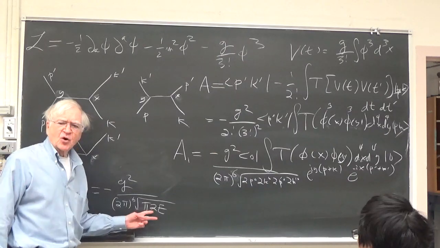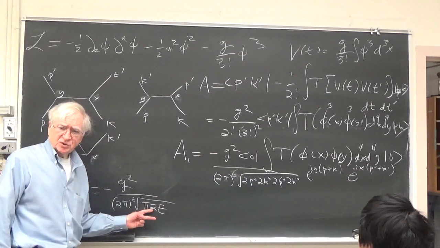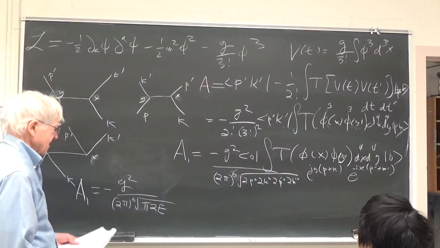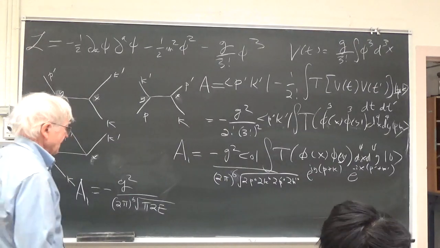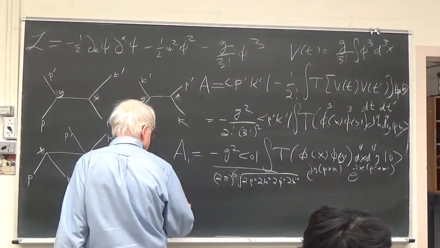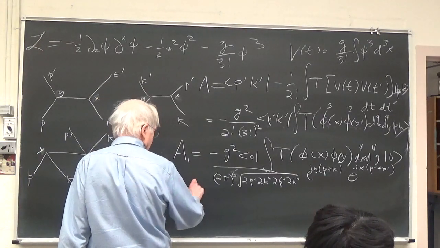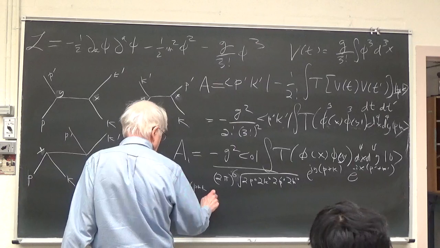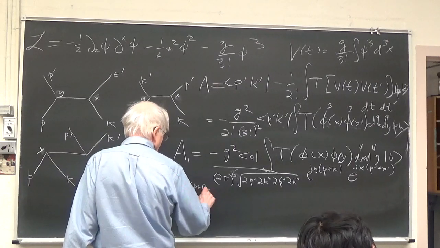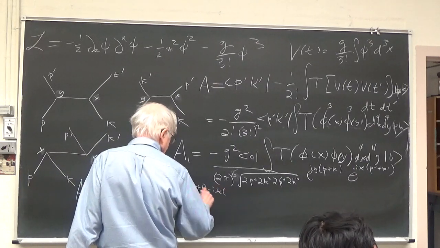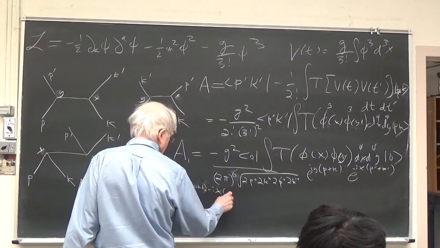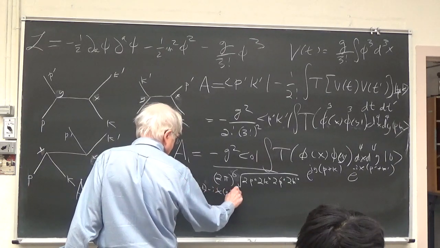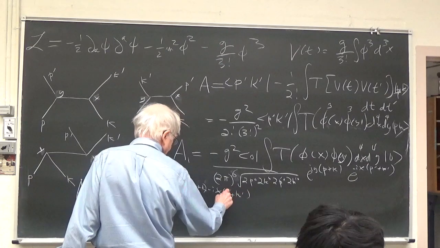This is something that always occurs, or almost always. I mean, there might be exceptions, but it's essentially always occurring. What's left then is e to the I y p plus k minus I x. Oh, these are primes. No, this is right. P prime plus k prime.